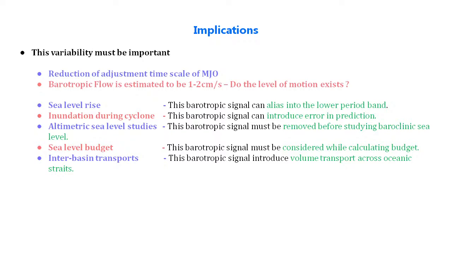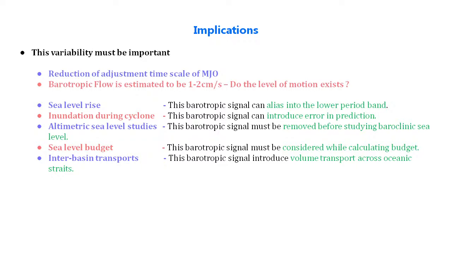In the Indian Ocean, it is seen in the literature that the Madden-Julian Oscillation winds, or the sea level related to the Madden-Julian Oscillation, have a delay time of a few weeks or months. But because of this variability, within a few hours the Madden-Julian Oscillation sea level variability reaches the entire Indian Ocean region.